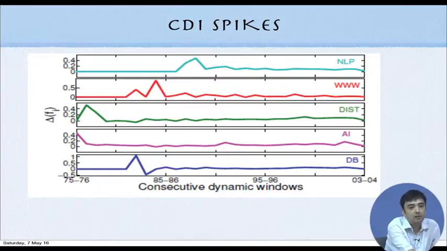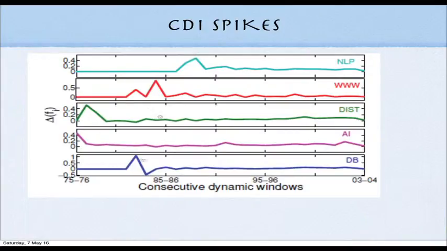Similarly, the World Wide Web borrows concepts from graph theory, security, distributed systems, and a lot of other areas. For each of these, as you move across the timeline, since CDI is a time varying quantity, each of them shows a spike at a certain point. Now what can be interpreted from this?